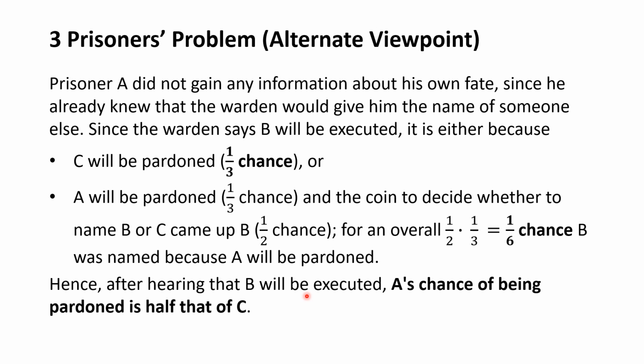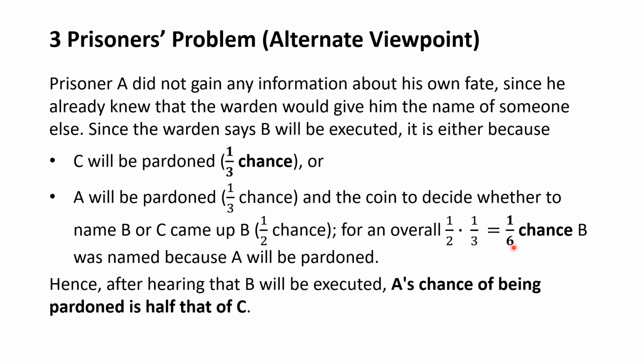Now you may ask, well, why doesn't the 1/3 and 1/6 here add up to 1? That's because this is only 1/2 of what could have happened. The other thing could have been that the warden would have said C is to be executed, and then you would have these two possibilities, except you'd have a B here instead of C, and you still have 1/3 and 1/6.